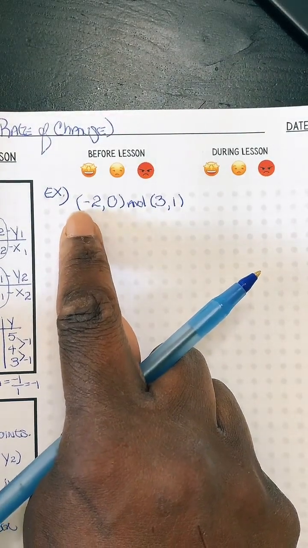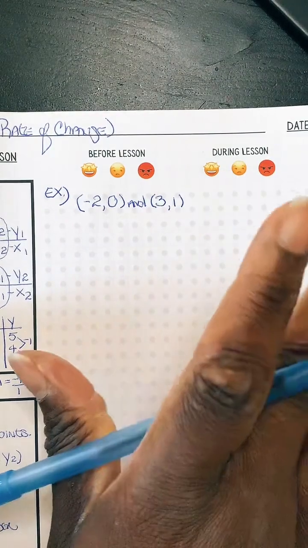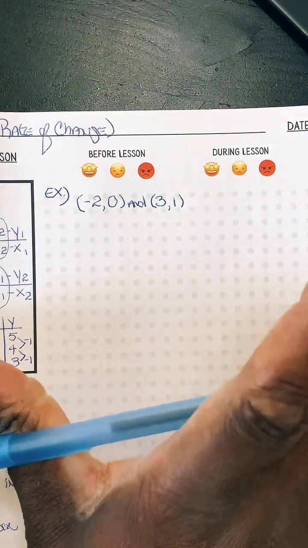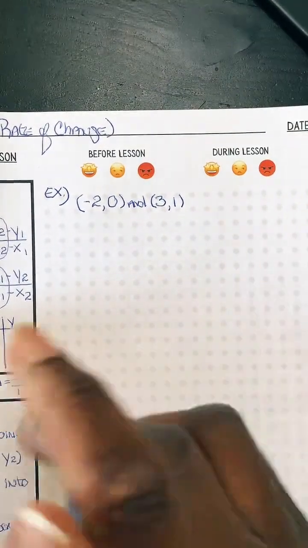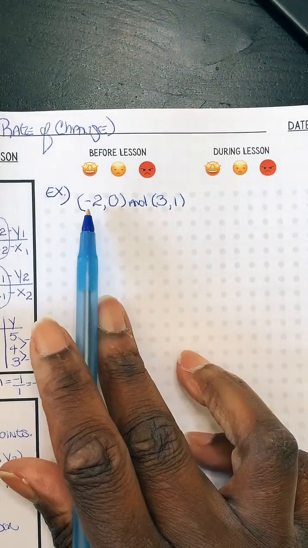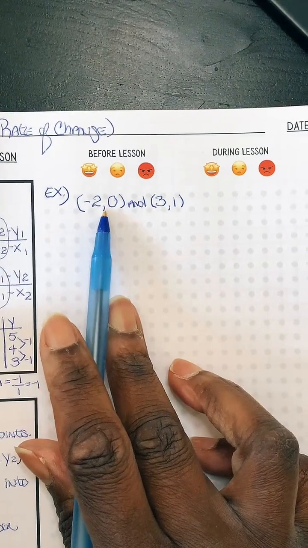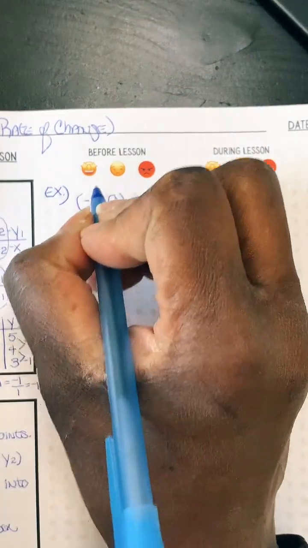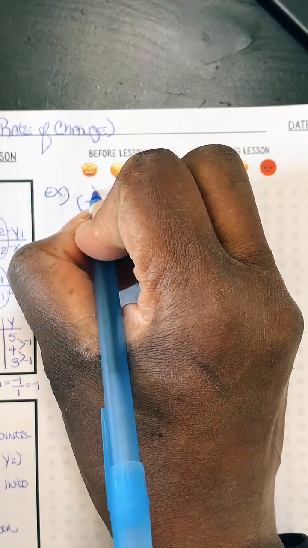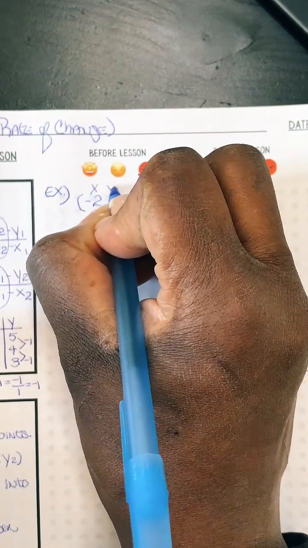Since I read basically from left to right, okay, I'm sorry I got to be an American right now, but this is what I know. So please, be gentle. Since we read from left to right, this is my first point. And points have a coordinate. So the coordinates are usually an x and a y.